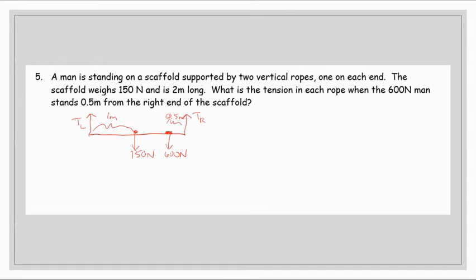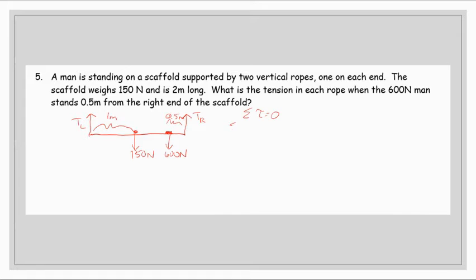So then the next thing I'm going to do is look at my forces. It says, what is the tension in each rope when the 600 Newton man stands 0.5 meters from the end? So I know that my sum of torque equals 0.